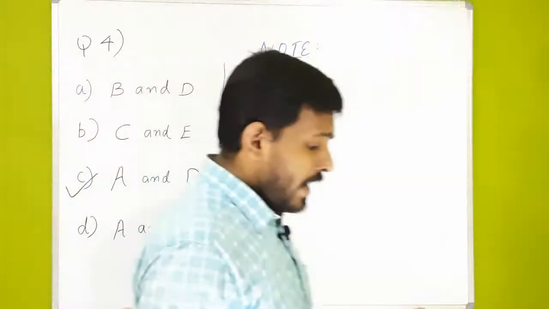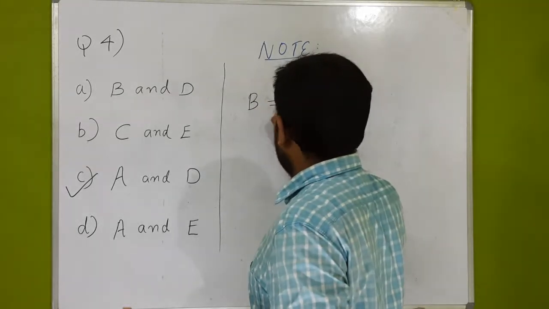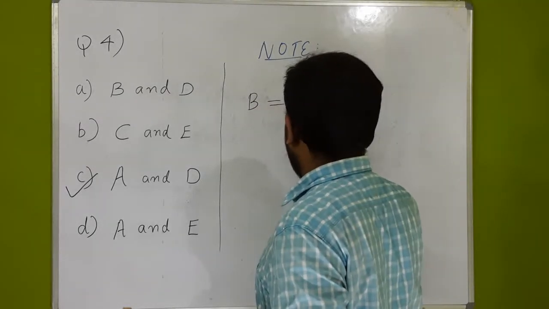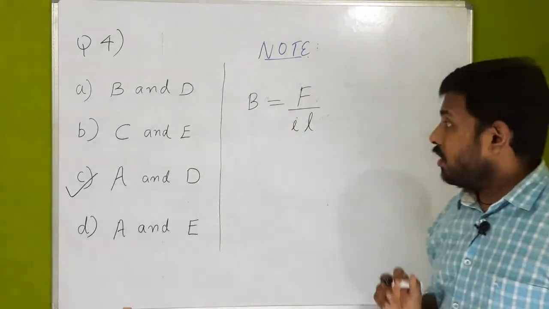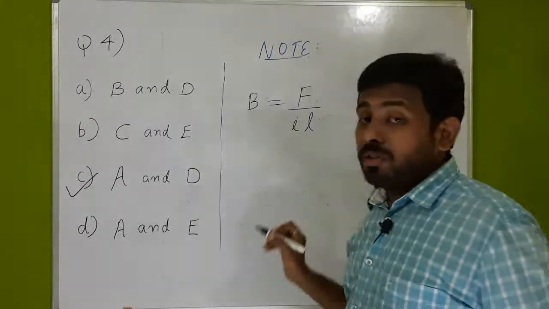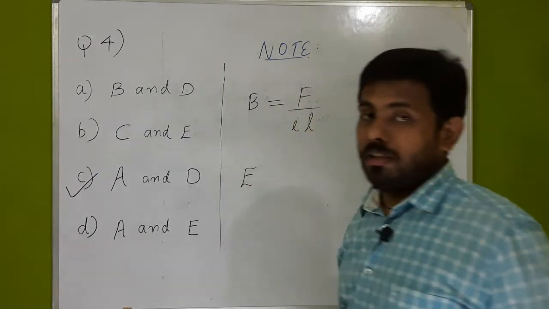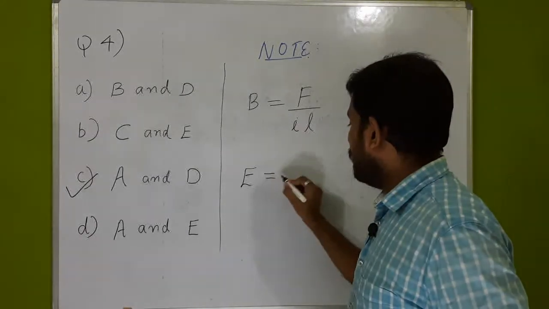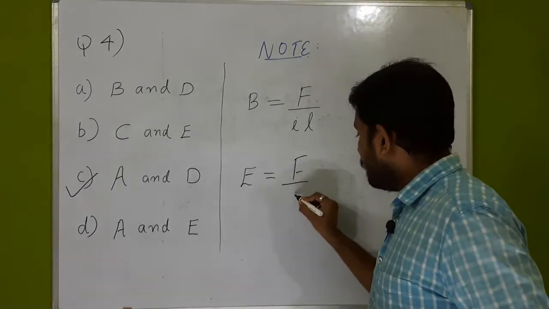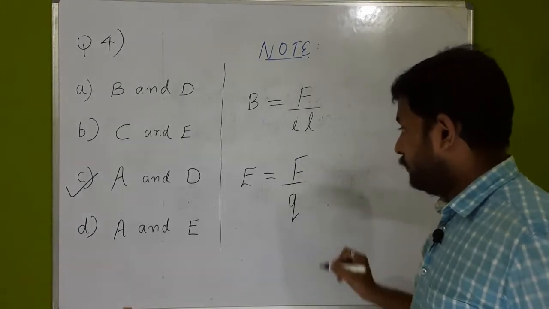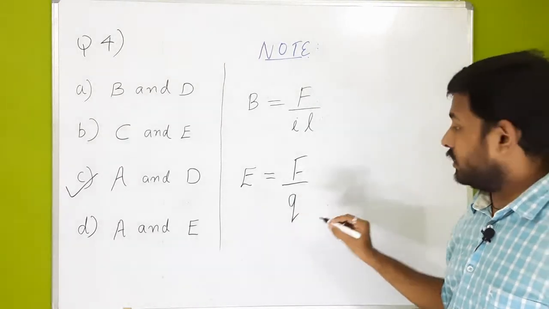We learned how to find the dimension of magnetic field using this equation, that is F divided by current into length of the conductor. So how to find the dimension of electric field, that is E? We know that the electric field is equal to F by Q, that is, this is the force and this is the charge.